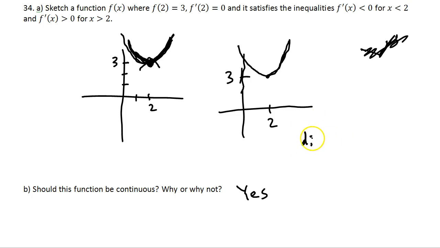So this is something that we learned. Differentiability implies that it's continuous. The contrapositive of this statement is also important. This statement is equivalent to saying that if you have a non-continuous point, then at that point it shouldn't be differentiable.